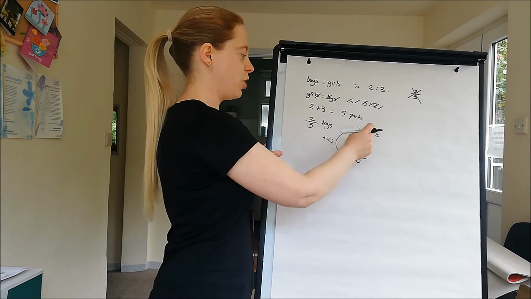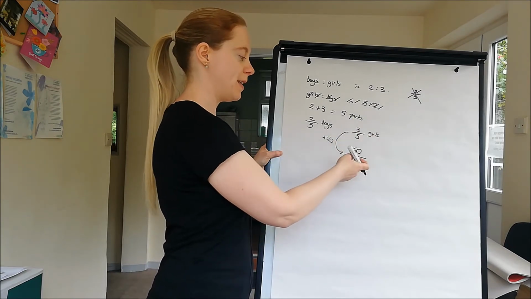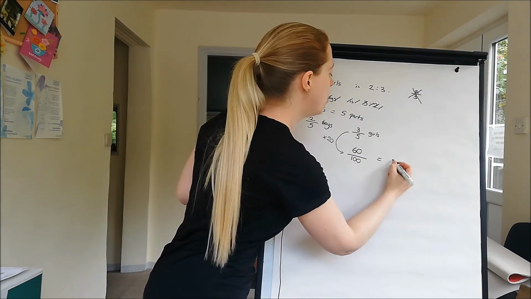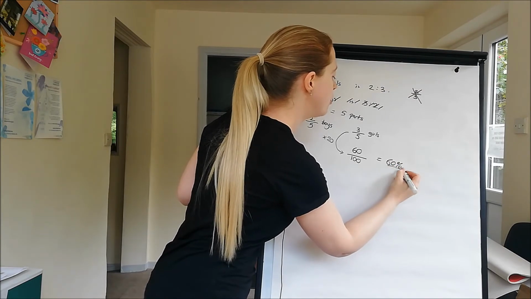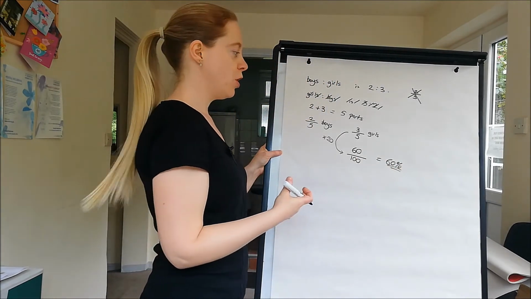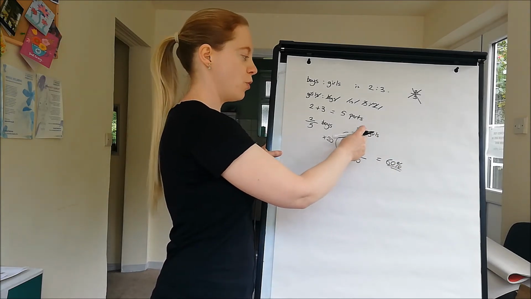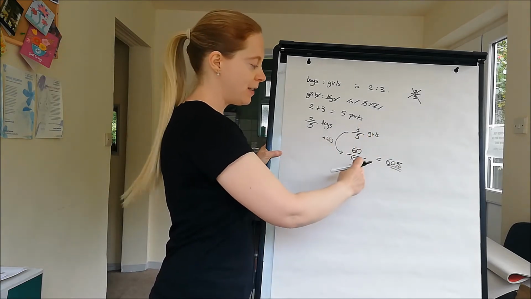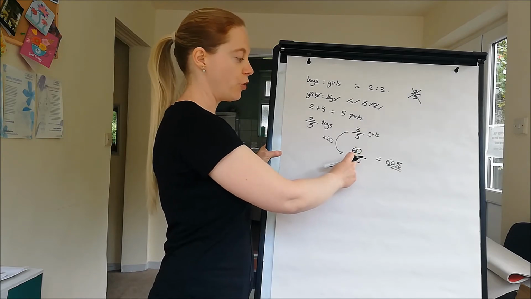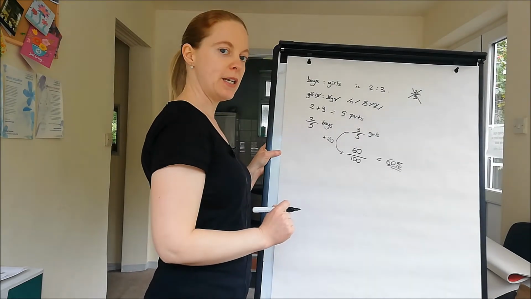So 3/5 girls would scale up to be 60 out of 100 girls, which is 60% of the group would be girls. So if on a non-calculator paper they ask you what percent, then you would come through a fraction, scale it up to something out of 100, and then convert it to a percentage.